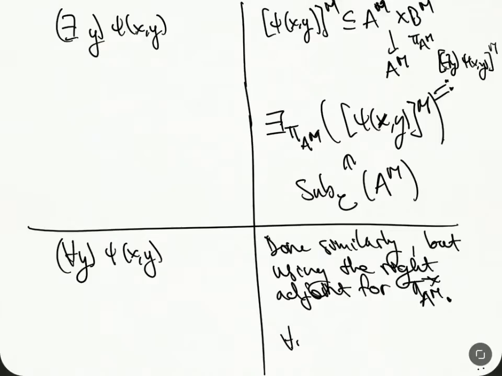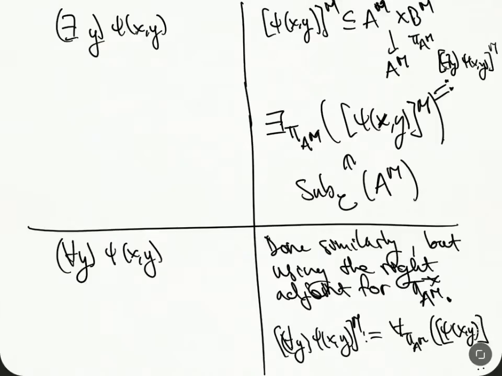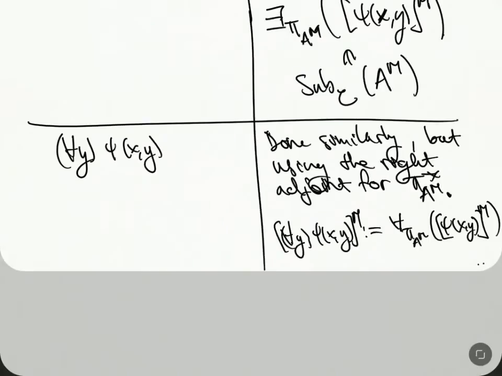This is saying for all y psi of x y, this thing M, is defined to be equal to this for all pi A M here of this dude, the guy that by inductive hypothesis we can assume exists. All right, for the infinitary logic, it's a pretty similar story.